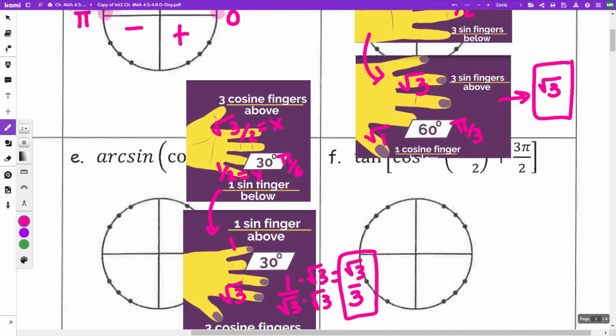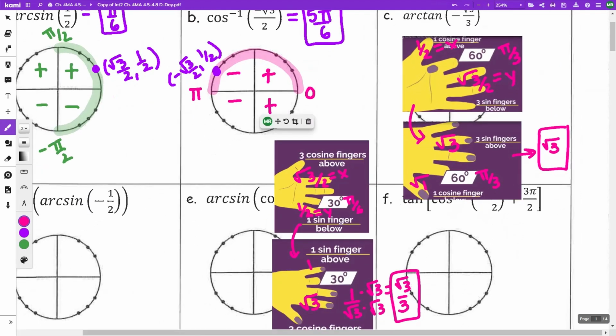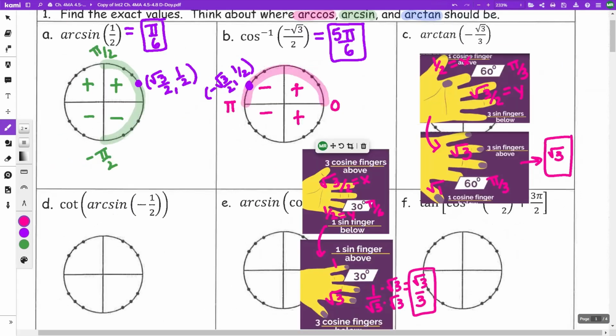Okay, so in this particular problem here, we want a negative root 3 over 3. So I am looking at this situation here where I'm at the 30 degrees or pi 6. Okay, now let me just get these off of our screen here.